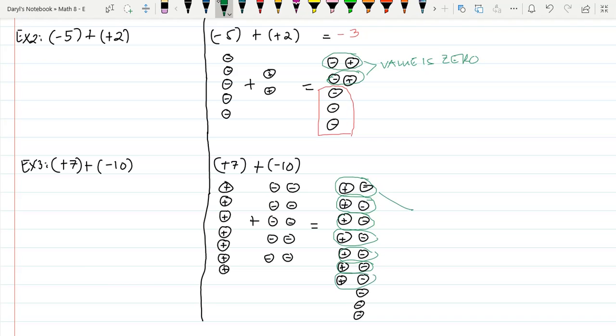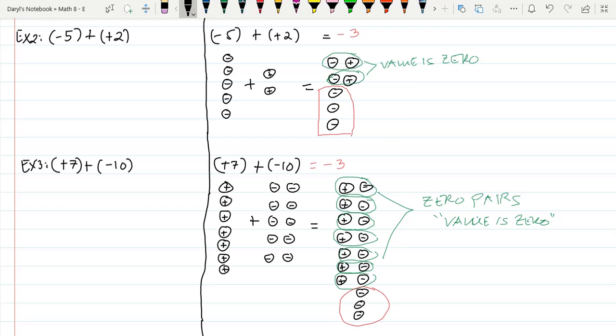Again, these are your zero pairs, and the value of the zero pairs is just equal to 0. So your answer would just be the remaining 3 negative chips. So the answer is negative 3. Positive 7 plus negative 10 will give me negative 3.